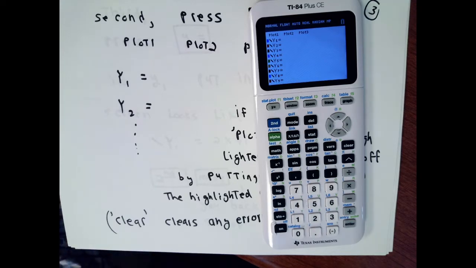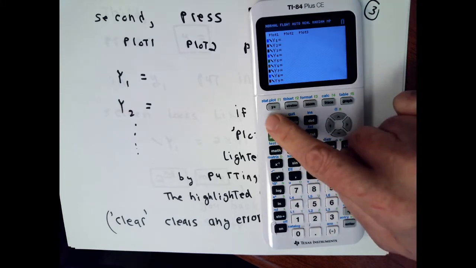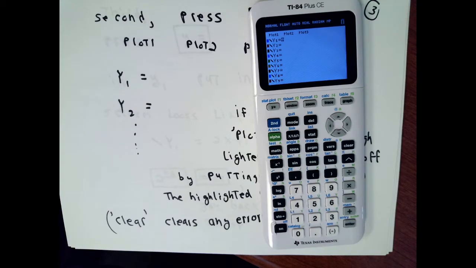If something else is the matter and it still won't work the way you want it to work, you may have to do a memory reset, which you do by saying second, and then down at the bottom, up above the plus, you'll see the word MEM in blue, so type that.